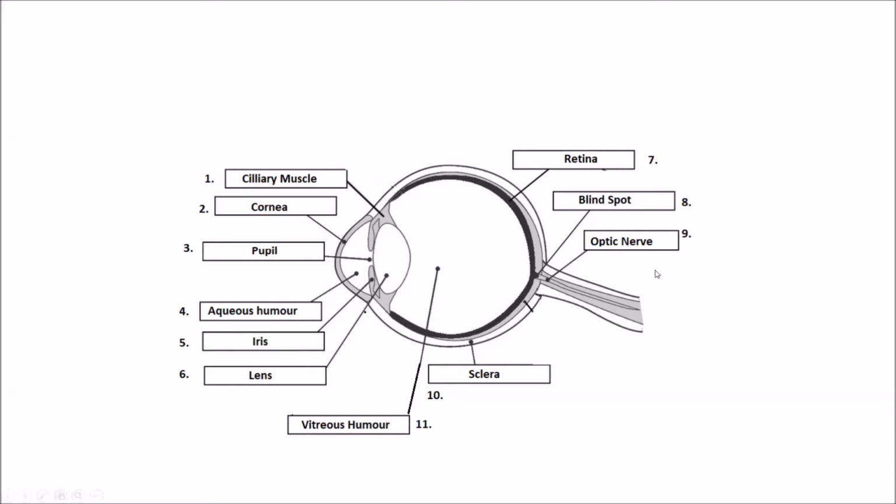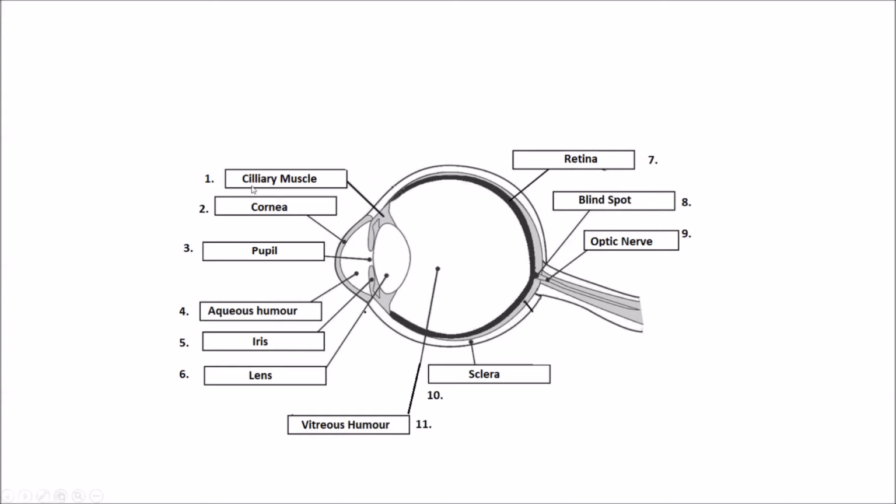Next, we also talked about the optic nerve. We know the optic nerve is going to carry those nerve impulses to the brain so that the brain can process that information. We talked about the sclera, which is the tough white outer coat of the eye that's going to surround the entire eye and hold all these parts together.